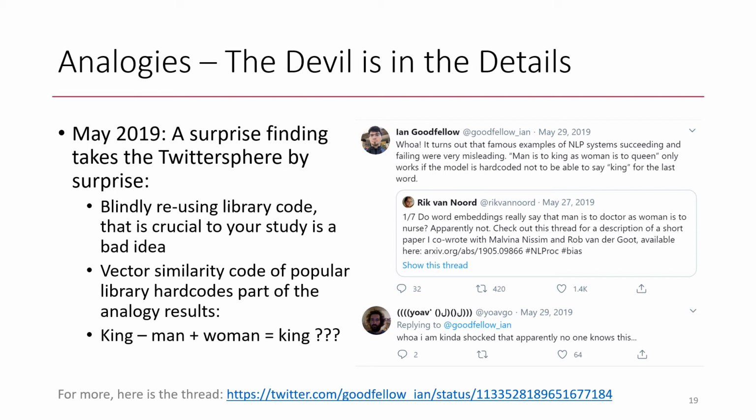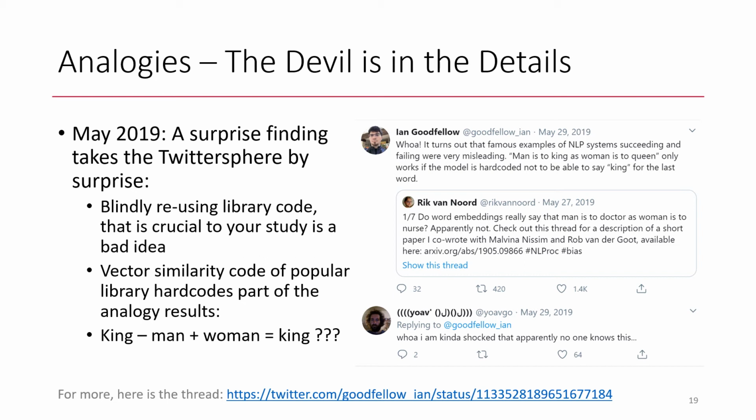So here you can see that Ian Goodfellow, a very famous but general machine learning personality, tweeted about that, followed by an answer from also a famous personality, Yoav Goldberg, who wrote the book I recommended to you.